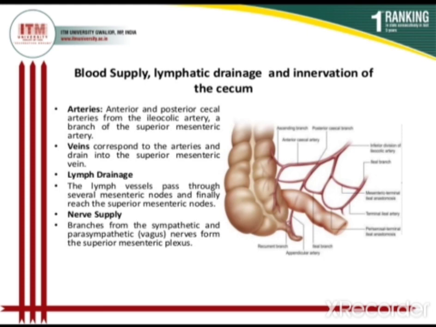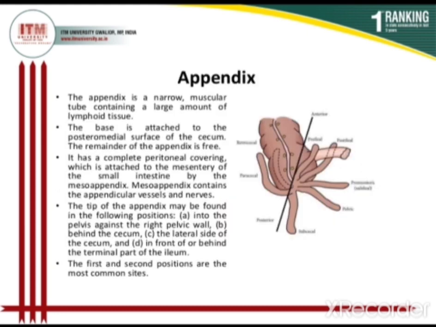The lymph vessels pass through several mesenteric nodes and finally reach the superior mesenteric nodes. The nerve supply is by the sympathetic and parasympathetic nerves from the superior mesenteric plexus. So these are the arterial supply, venous drainage, lymph drainage and nerve supply of the cecum.